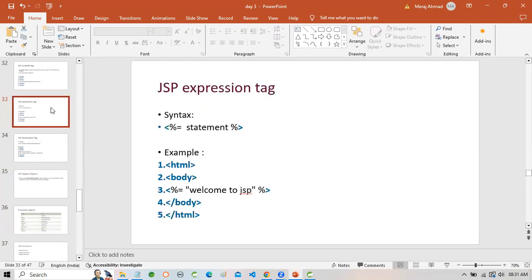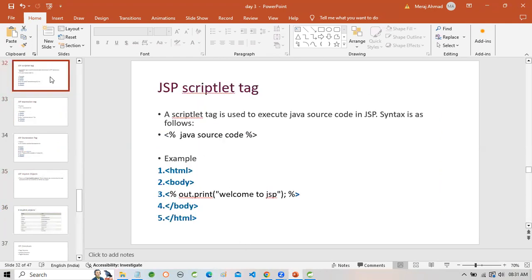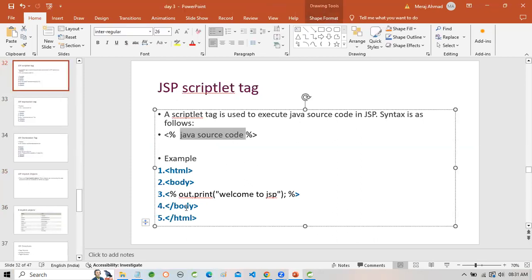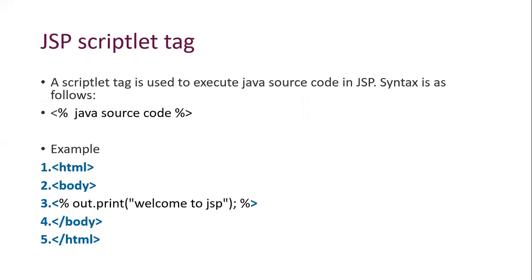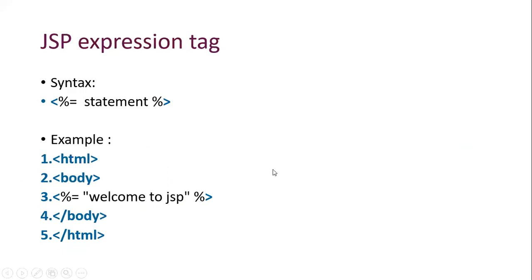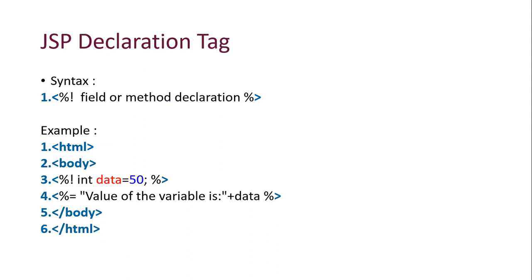So here you can see this is the scriptlet tag. Between this we can write Java code, like out.println. If you want to use the expression tag, here you can print. We do not need out, we can directly print through the expression tag.